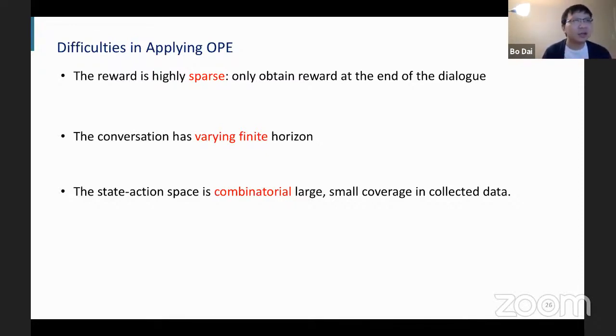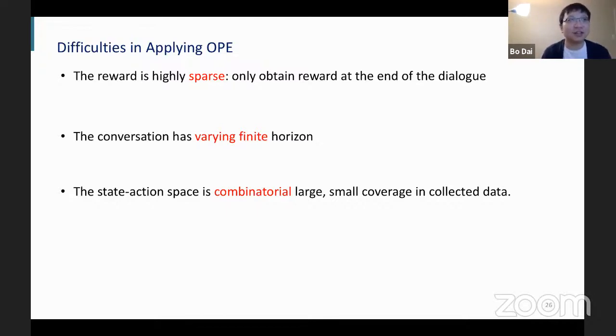Another quite difficult part is that the state-action space is computationally large, because humans have a very large vocabulary, and each sentence is combinatorially composed from the vocabulary. In our setting, the state is the history of the whole conversation, so it's combinatorial.